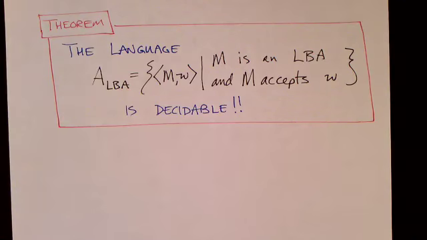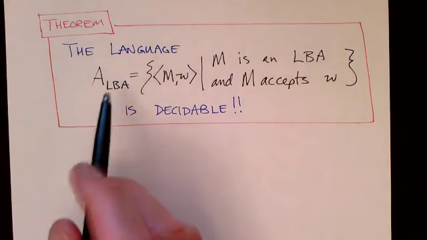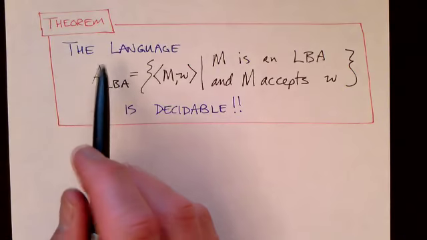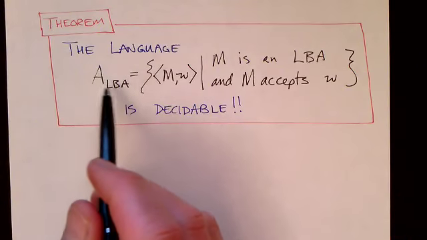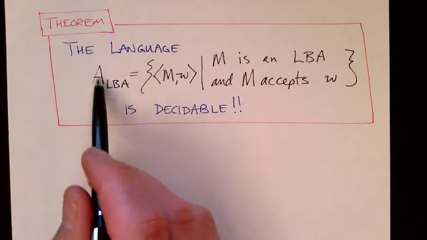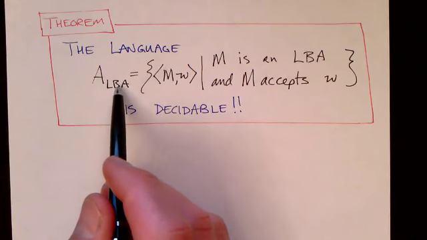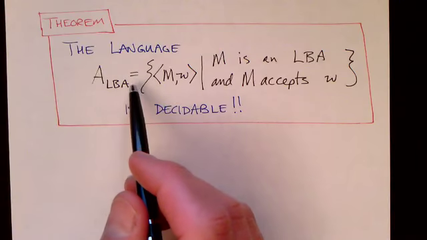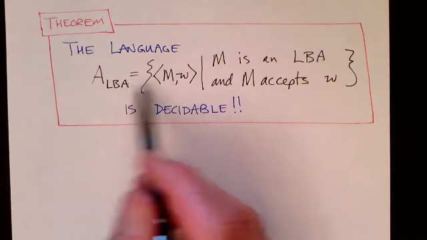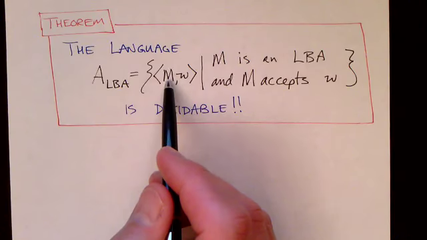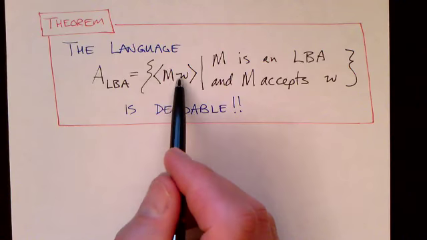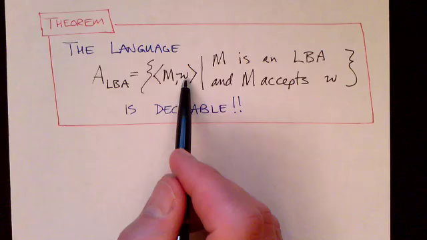Remember our old friend, the acceptance problem for Turing machines? Well, here's the equivalent problem for linear bounded automata, A sub LBA. As in the case of the acceptance problem for Turing machines, we're given the description of a machine, as well as a string to run that machine on.